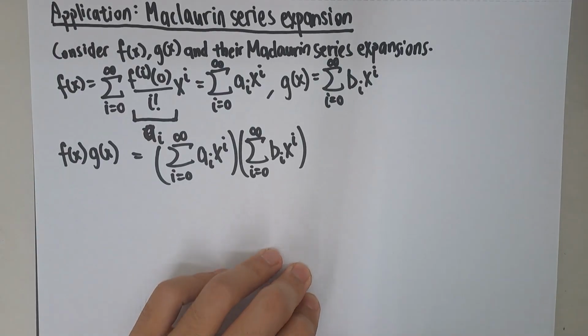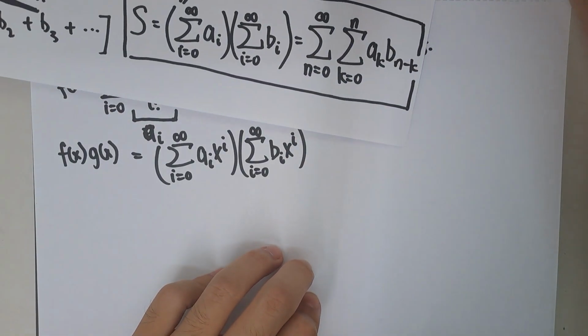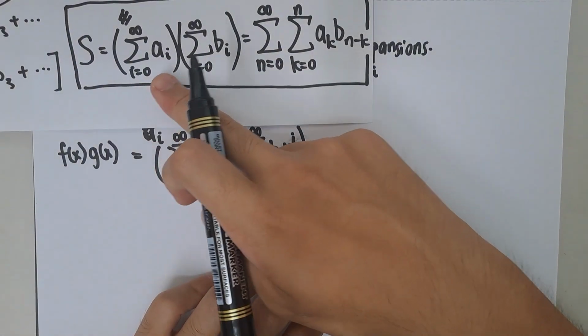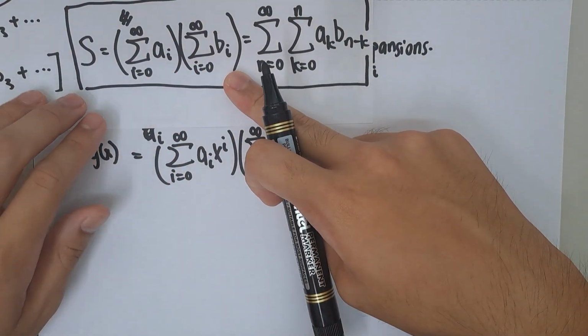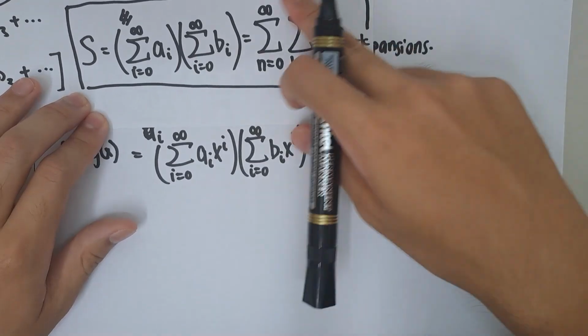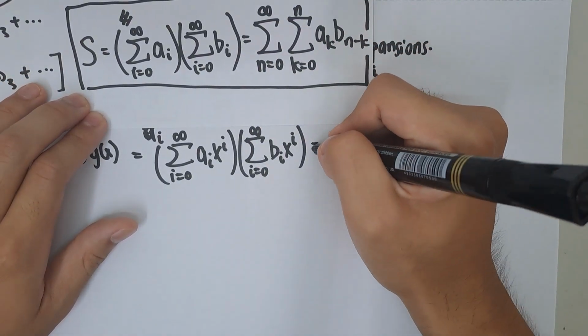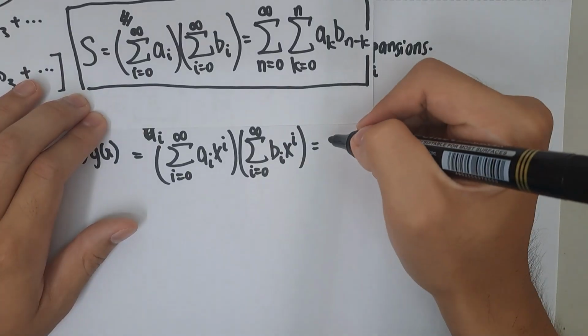If we bring this in to help us out here, we have the sum multiplied by the sum is this double sum, so we can do the direct substitution.